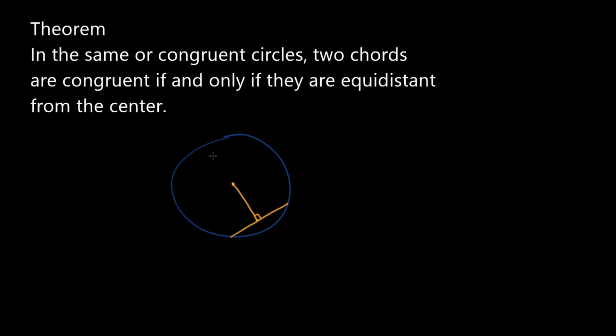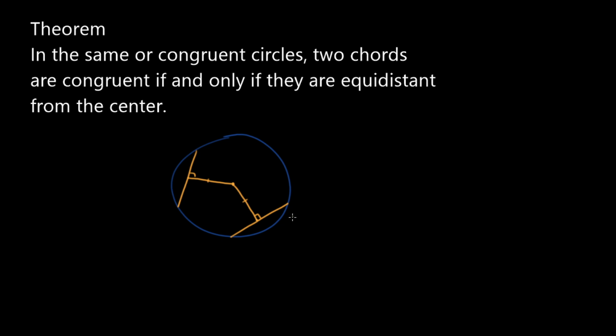And then I have another chord over here, all this obviously not to scale because I'm bad at drawing. And I talk about this distance as well. If they are the same distance away from my center, these two chords have to be congruent. And vice versa.